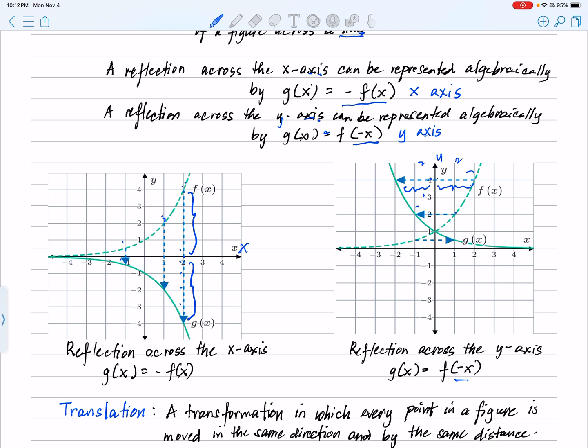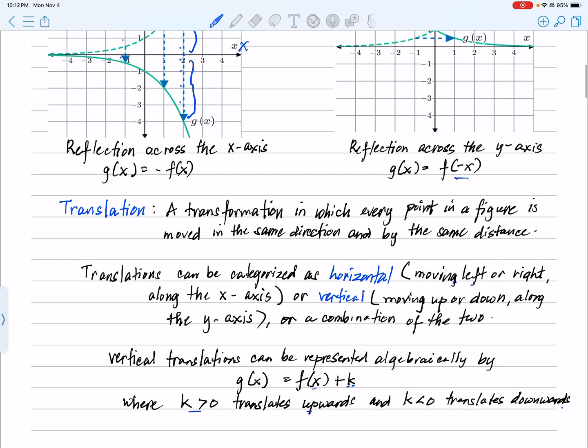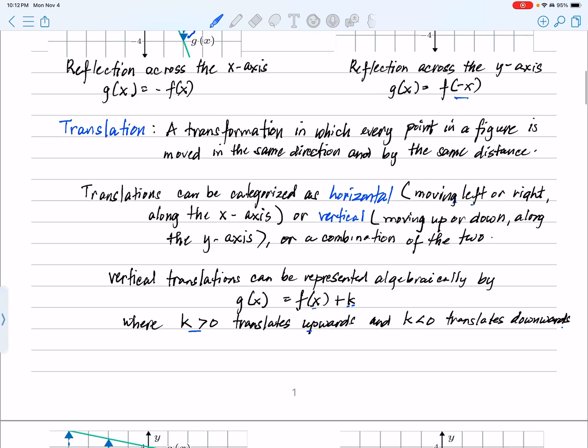The second type of transformation is what we call the translation. A translation is a transformation in which every point in the figure is moved in the same direction and by the same distance. Translations are categorized as horizontal translation or vertical translation.